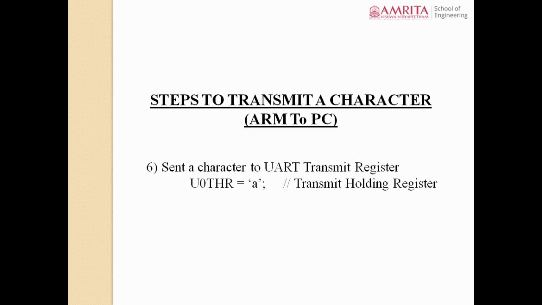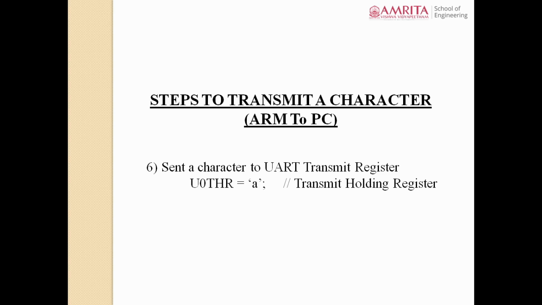And what will be the speed at which this baud rate generator is operating? That is what you have set in the previous step. I think in step 4 you configured it as 9600 baud rate. So when you configure the 9600 baud rate, you are in turn configuring the baud rate generator to generate a clock at that rate.